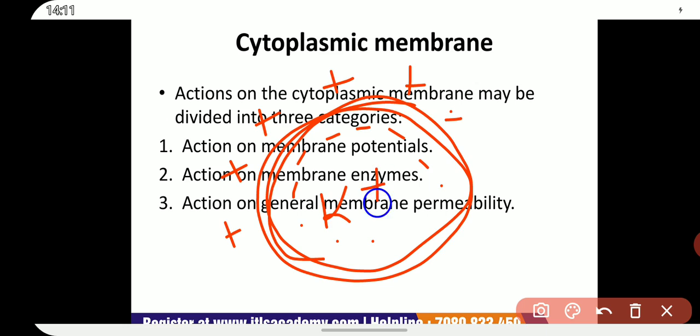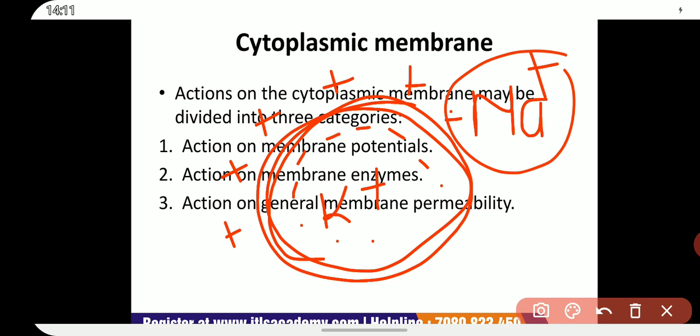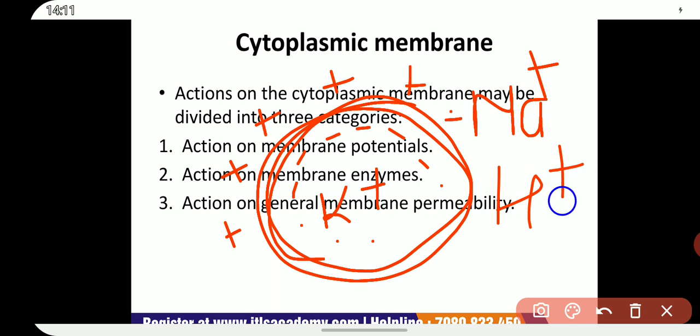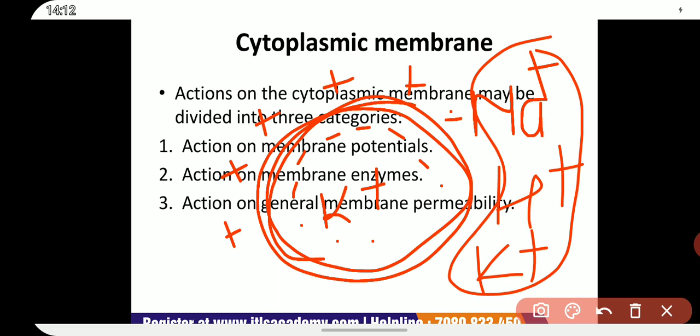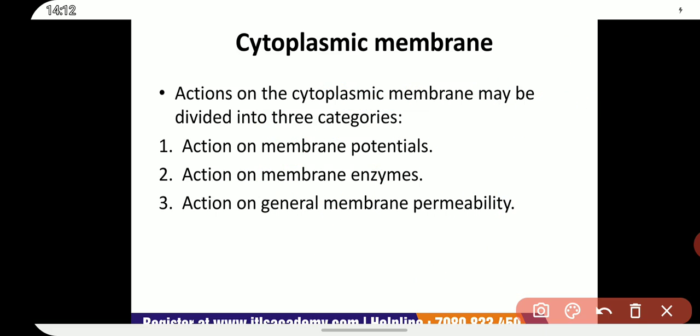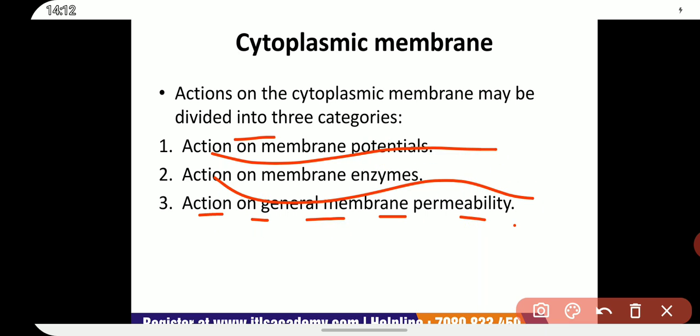Potassium ions are more abundant inside, while sodium, hydrogen and other ions are present outside of the cytoplasmic membrane, so they give a negative charge to the inner side of the cell and a positive charge to the outer side.